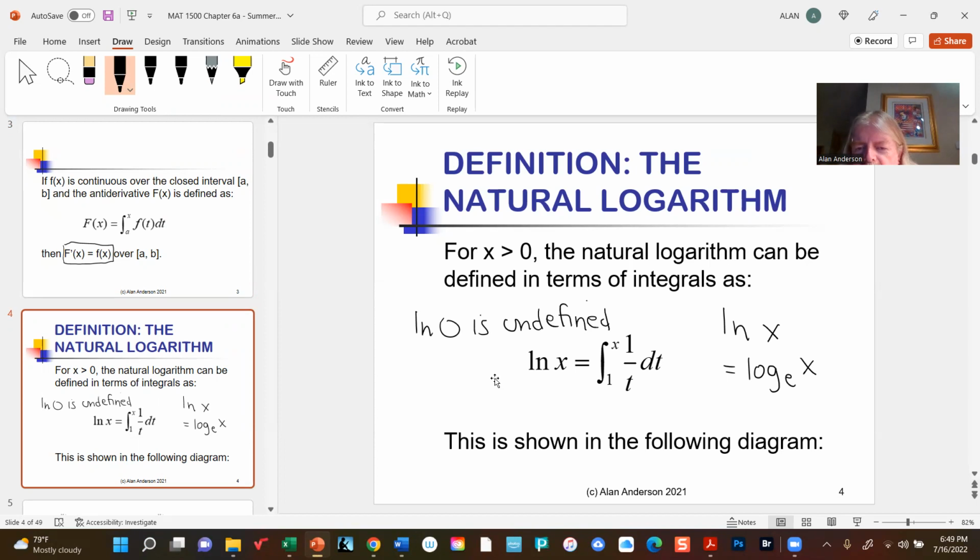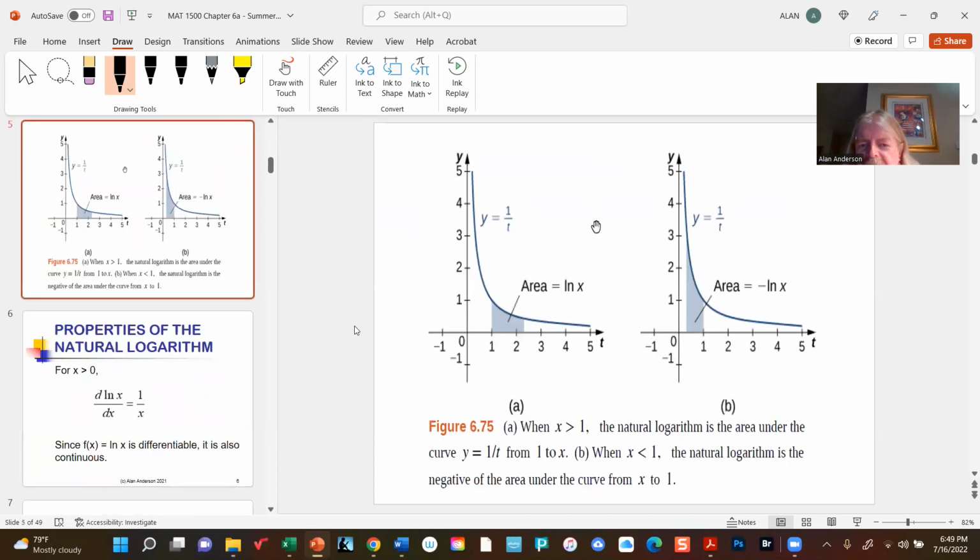Okay, so here's the graph. So what they're saying, this is what 1 over t looks like. You can see that it falls off very, very rapidly, but both the horizontal and vertical axes are actually asymptotes of this function. And so the area under here is log x.